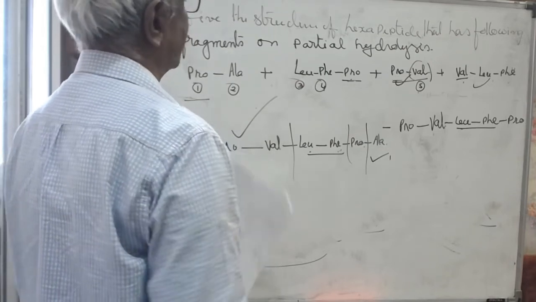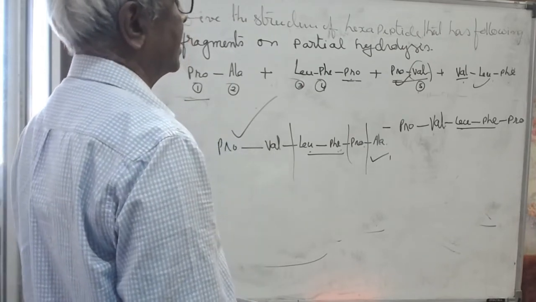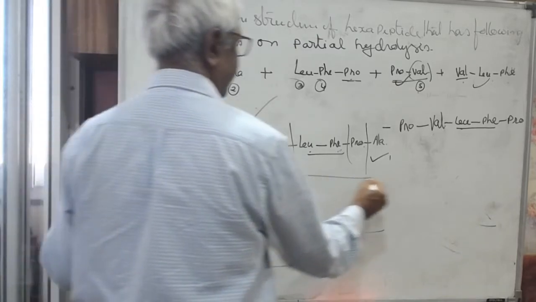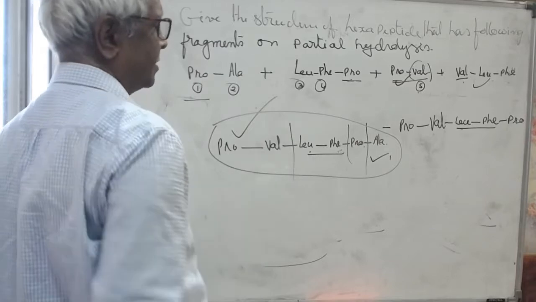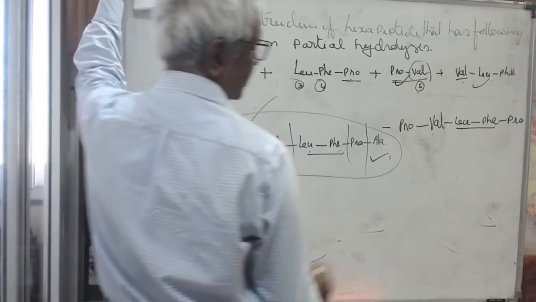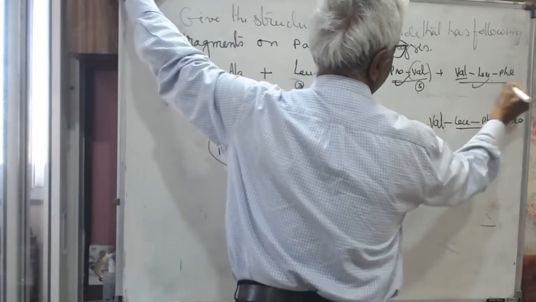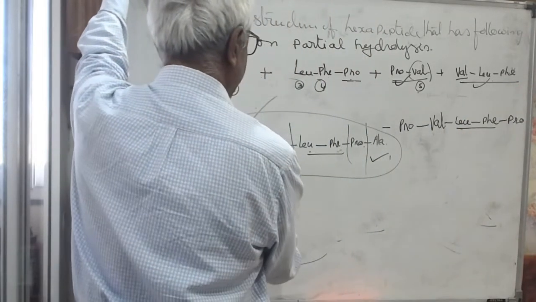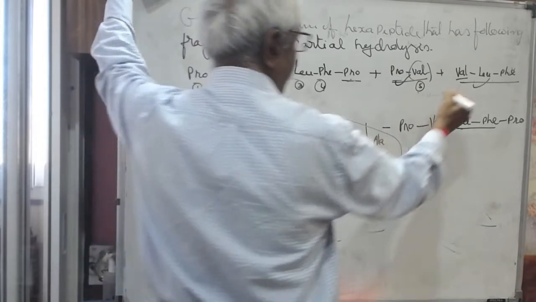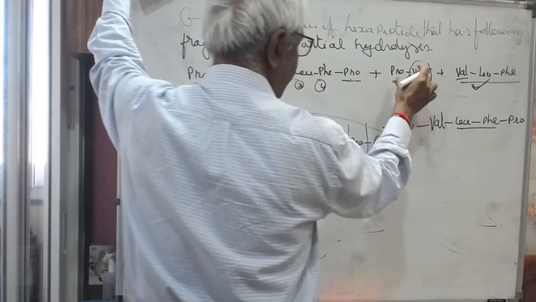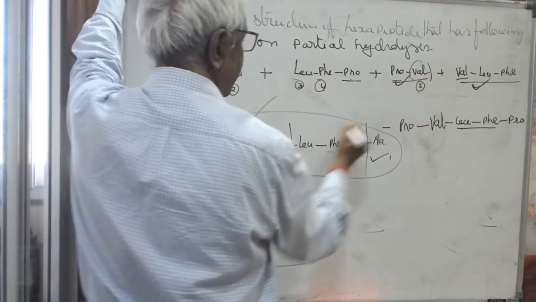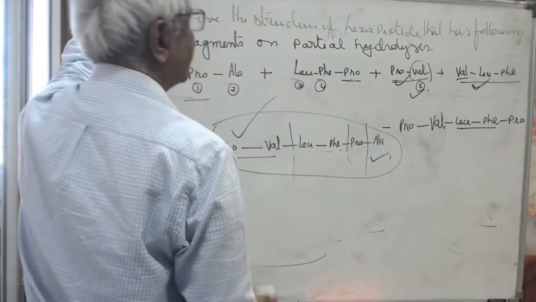So, give the structure of the hexapeptide that has the following fragments. So, what is the structure? Understand this. This fragment, VAL, LEU, PHE, has come. This fragment, PRO, VAL, has come.